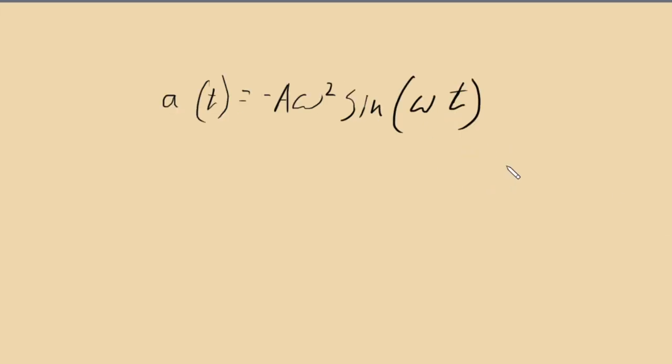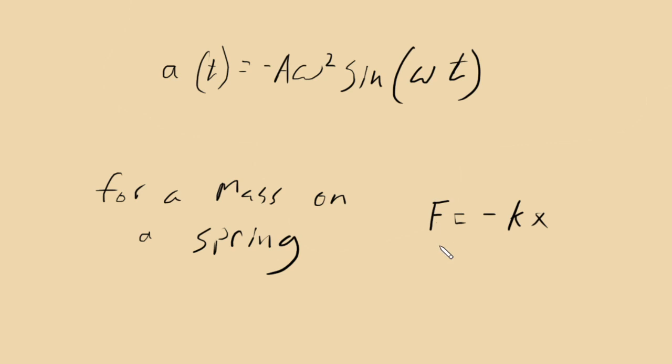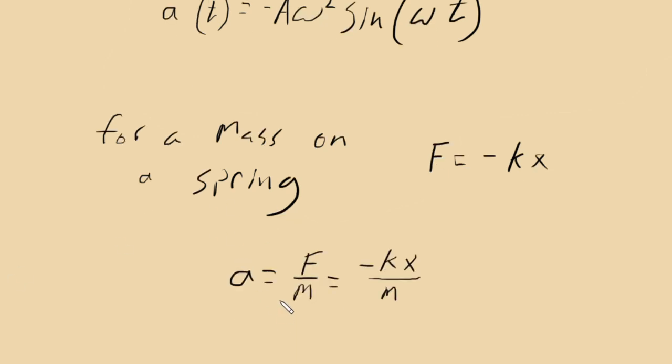Okay, so all I did was copy this equation over from that last page, our acceleration with respect to time that we found. And for a spring, we know that our force is equal to negative kx. Okay, so if we know our force is negative kx, using Newton's second law, F equals ma, or acceleration equals our force divided by our mass, we see that we have an acceleration of negative kx over m.